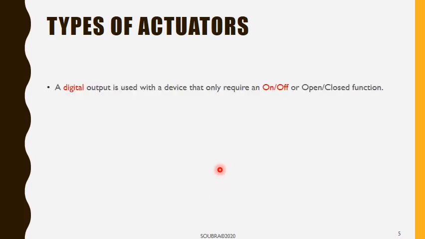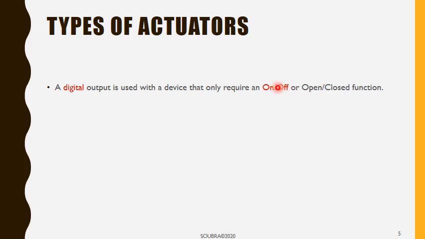Alright, so a digital output that is connected to an actuator, the actuator only requires a high or low voltage, meaning that either I have 5 volts or 0 volts. 5 volts means that the device is under power, hence it's fully working, or it's connected to 0 volts, hence not operational at all, so it's off, right?